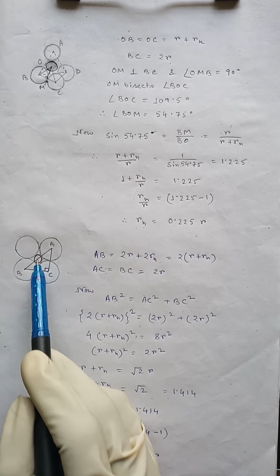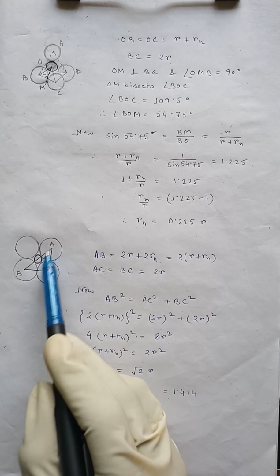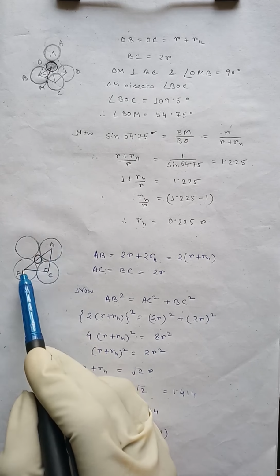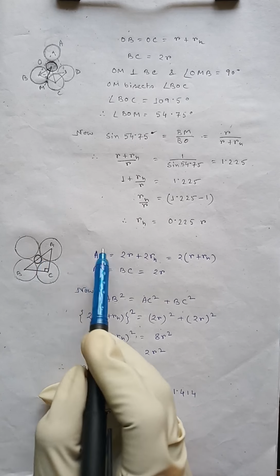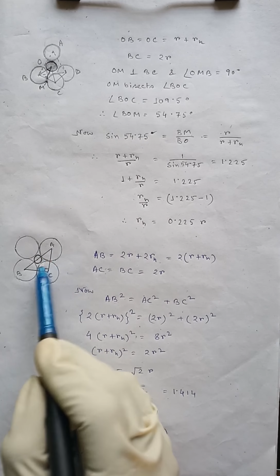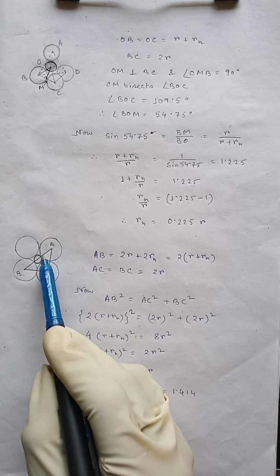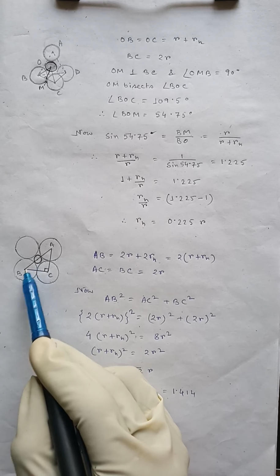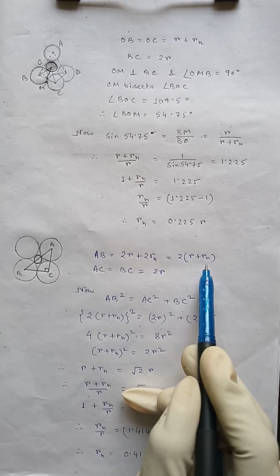So we have taken the radius of this hole as RH and the radius of the anions as R. So AB is basically formed with 2R plus 2RH. So this one is R, this one is 2RH and this one is R. So AB is equal to 2R plus 2RH.